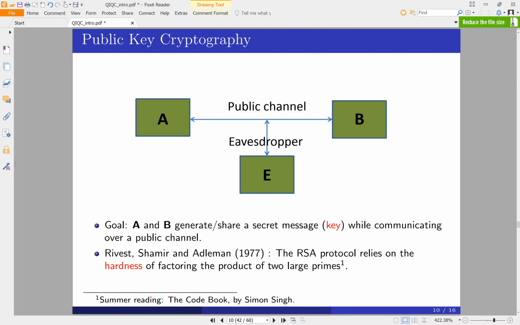Today, a lot of the communication that we do, whether it's WhatsApp or email, is over public channels. The reason that all of this communication is secure is because of something called the RSA protocol. This is due to three computer scientists, Rivest, Shamir, and Adleman, and this protocol was discovered in 1977.